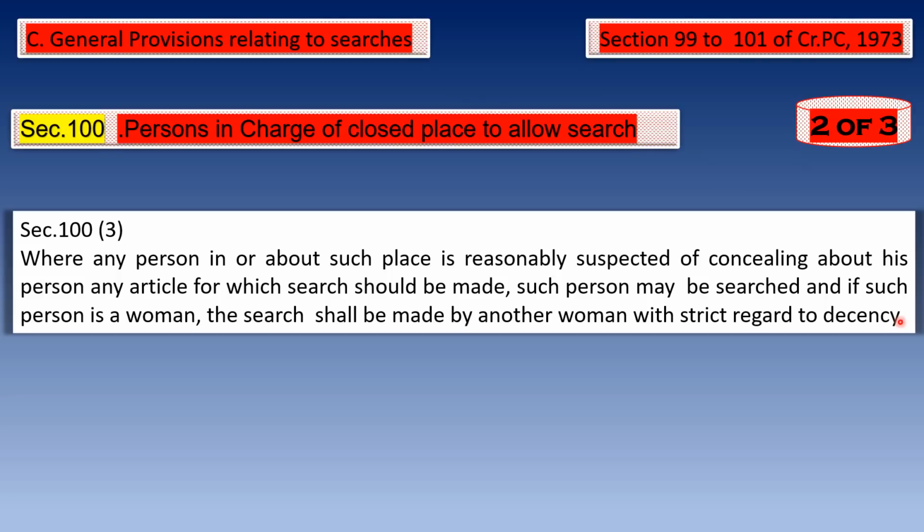So this example is a general example. It is not an example of subsection 3 of section 100, because subsection 3 of section 100 applies when a person is suspected of containing something. So it's not just for entering a mall or a metro station.